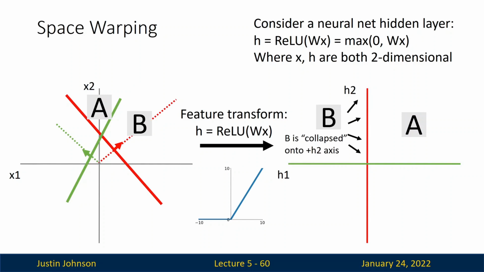But for region B, let's see for any point in region B, what will be its H1 value? Its H1 value will be positive, right? And its H2 value will be negative.